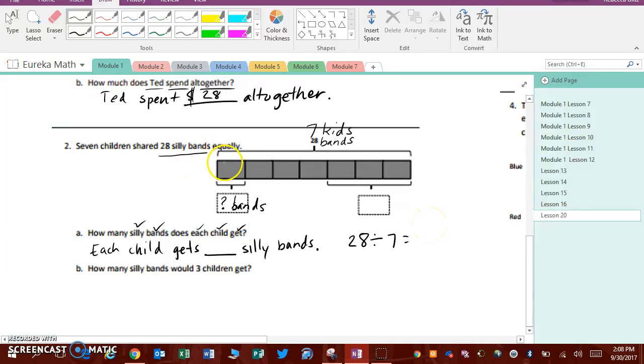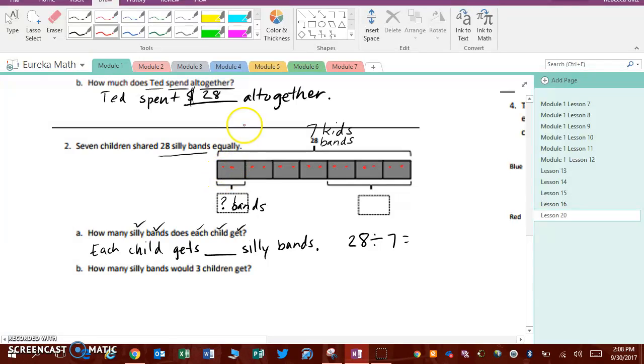Well, use your fair share method. It's kind of hard to see when I do it. I don't know if I change it to red. Maybe that'll help. We got 1, 2, 3, 4, 5, 6, 7, 8, 9, 10, 11, 12, 13, 14.